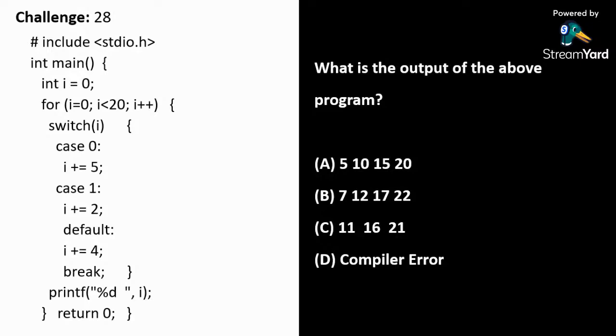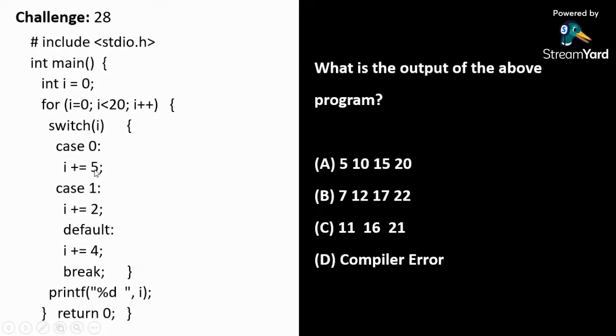So I've got two answers, runtime error and C. Anybody has any other answers? So basically what is happening here is the first case i is 0, so for loop is there, so it will run only till 20. So it'll go to case 0.